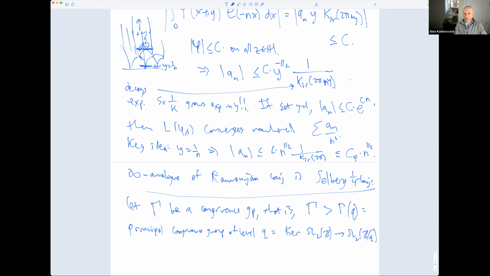We talked about why this map is onto, that SL2(Z) surjects onto SL2(Z/qZ).